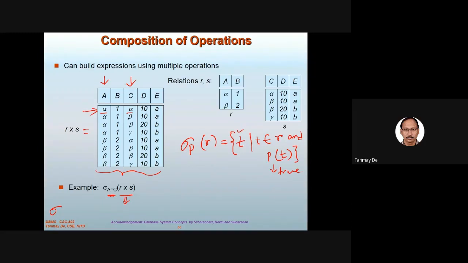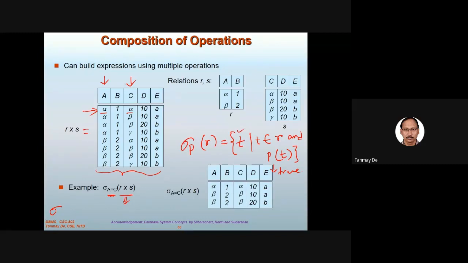Before that, please tell me what are the attributes of the output relation? Same as R cross S. So it is A, B, C, D, E. Now the question is, from A, B, C, D, E, which one to consider?